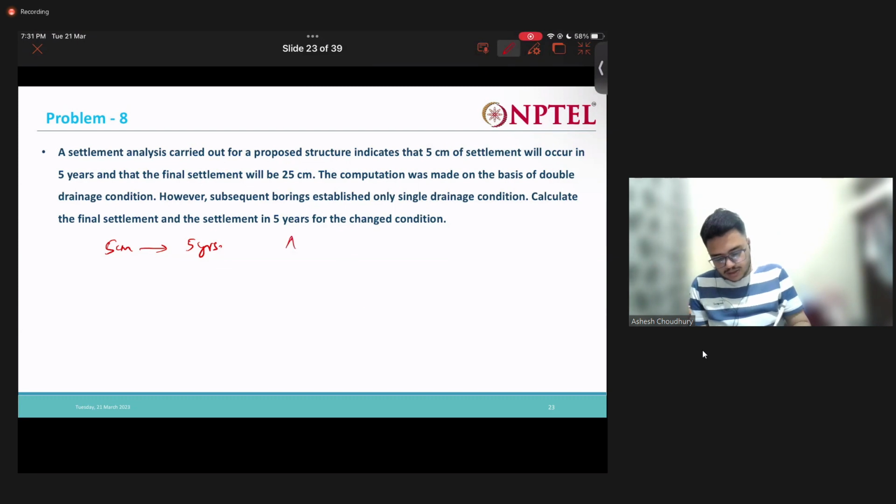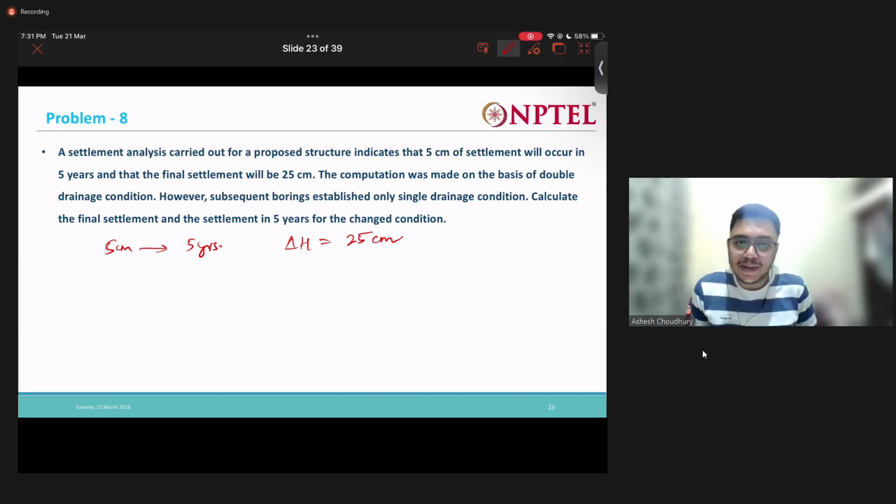The computation was made on the basis of double drainage. However, subsequent boring established only single drainage condition. Calculate the settlement in 5 years for the changed condition.